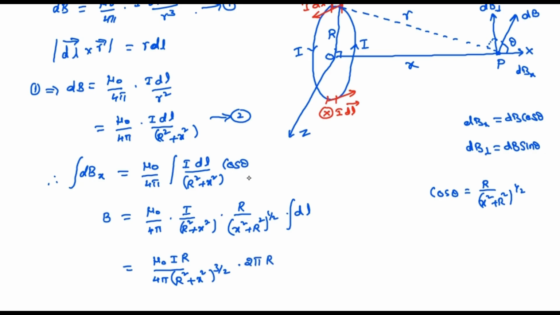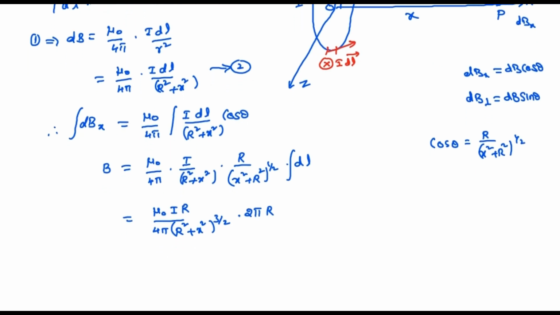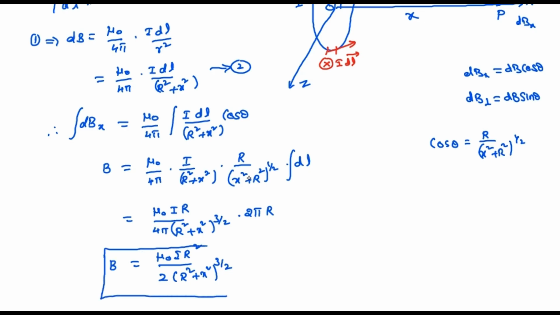Because we are taking a small element dL and applying it for the complete loop. The circumference of the loop is nothing but 2 pi R, and the 2 pi gets cancelled. We get mu naught I R square divided by 2 into R square plus x square whole power 3 by 2. This is the magnetic field due to the current carrying loop.